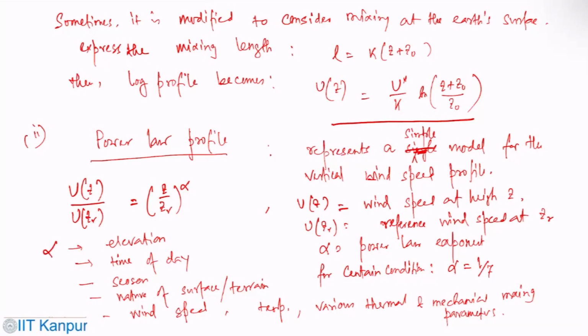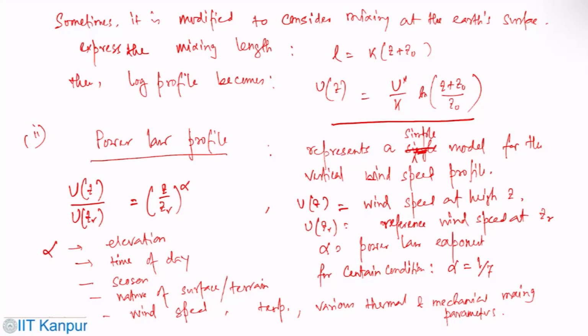Typically, in turbulent flows, depending on the Reynolds number, this alpha parameter can vary, from 1/6 to 1/7 and so on. So here also the flow is being represented as a turbulent flow.